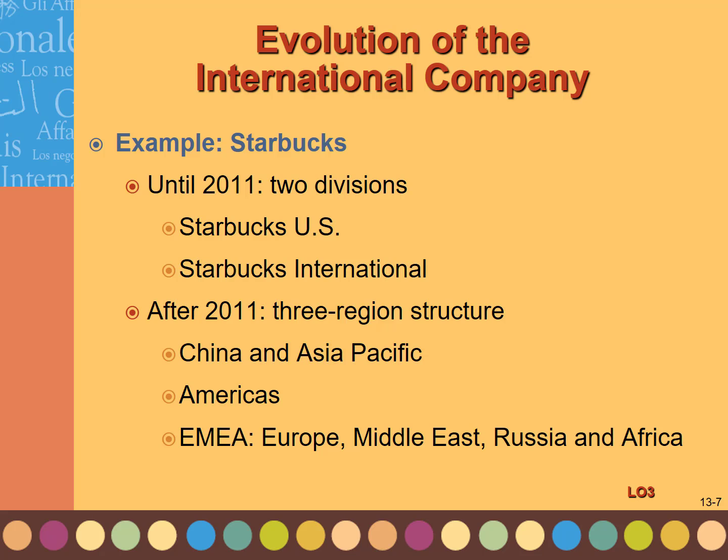The evolution of an international company. They use Starbucks as an example, which is a good example. They have 2 divisions, the US Starbucks and Starbucks International. And then they divided up into 3. They found that international was just too big and too different. Just because it's not in the US doesn't mean that it's all the same.